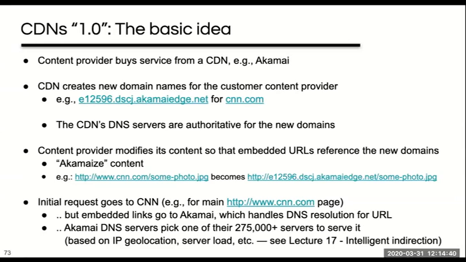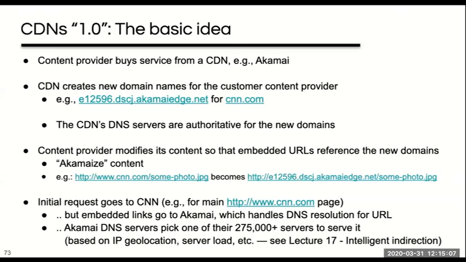So the CDN's DNS servers are authoritative for the new domains. Then the content provider, like CNN in this case, rewrites their content to include URLs for the new domains instead of their own domains, and they call this Akamizing their content. For example, CNN might have had some nice URL like www.cnn.com/somephoto, which now becomes this total mess of a URL on the right side here.